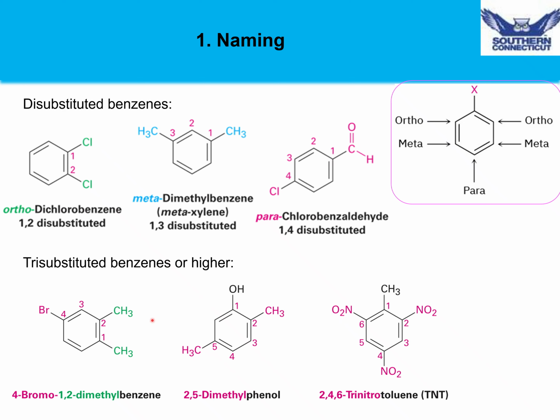Here's a few examples of tri-substituted benzene compounds and those containing more substituents. The first example has two methyl groups and a bromine on benzene. So alphabetizing these substituents, we would name this as 4-bromo-1,2-dimethylbenzene.